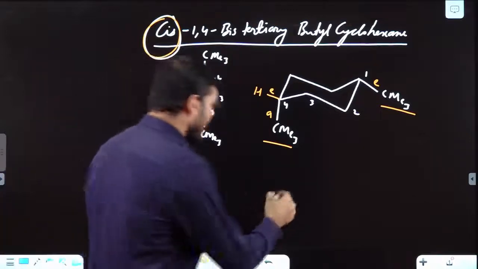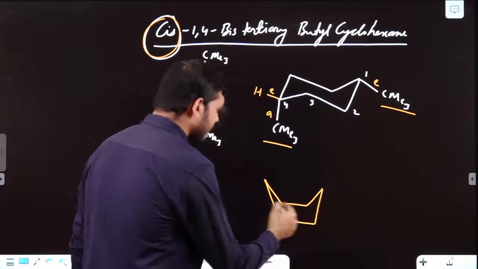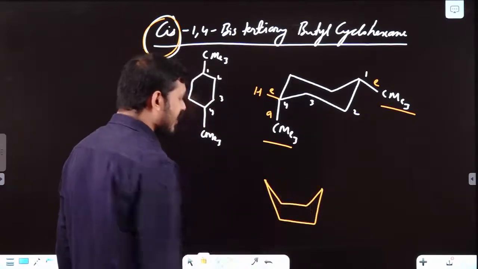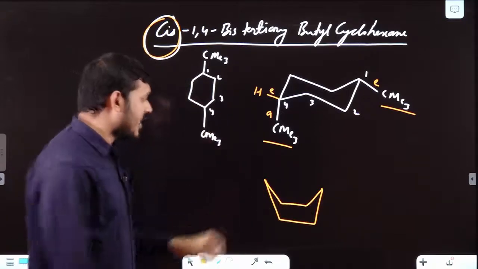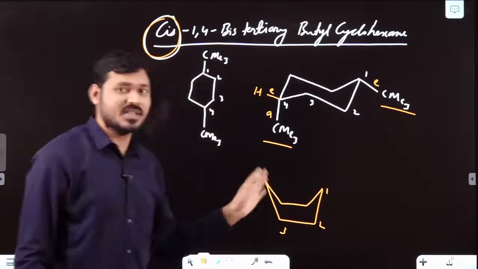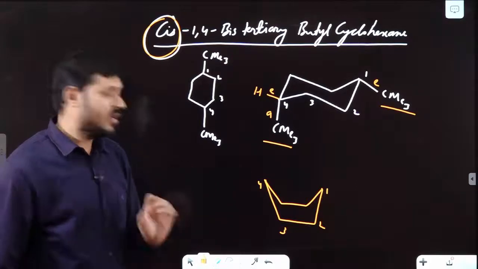Now let me check another case. See, if I take both on the same side in this form, if I take both CMe3, 1, 4 meaning 1, 2, 3, 4, both CMe3 on the same side, it will also be problematic, it will not be more stable.